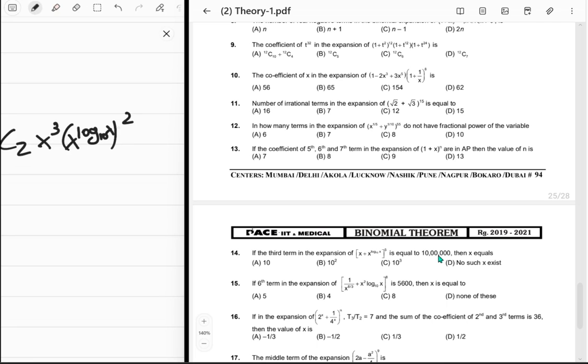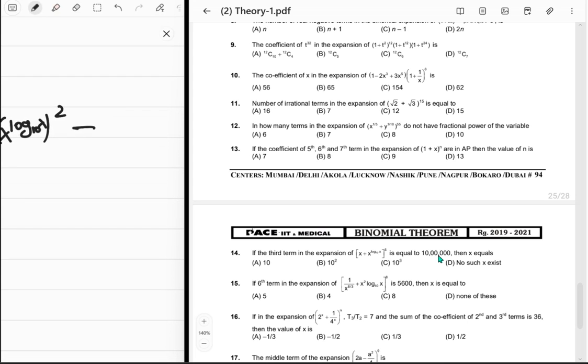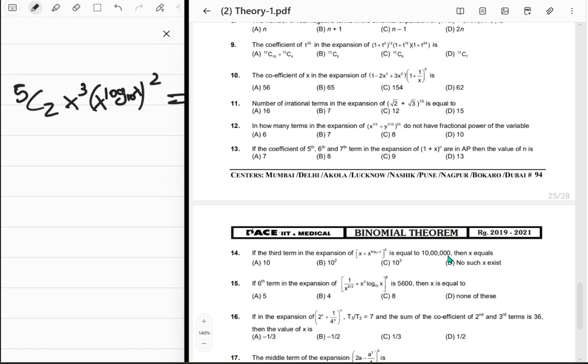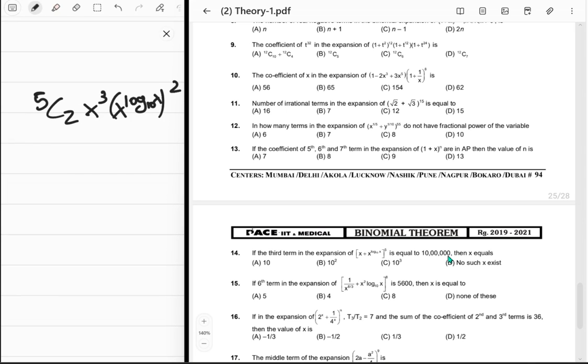This is somehow equal to 10^6. And by the way, what's 5C2? 5C2 is just 5 times 4 over 2, which is 10.